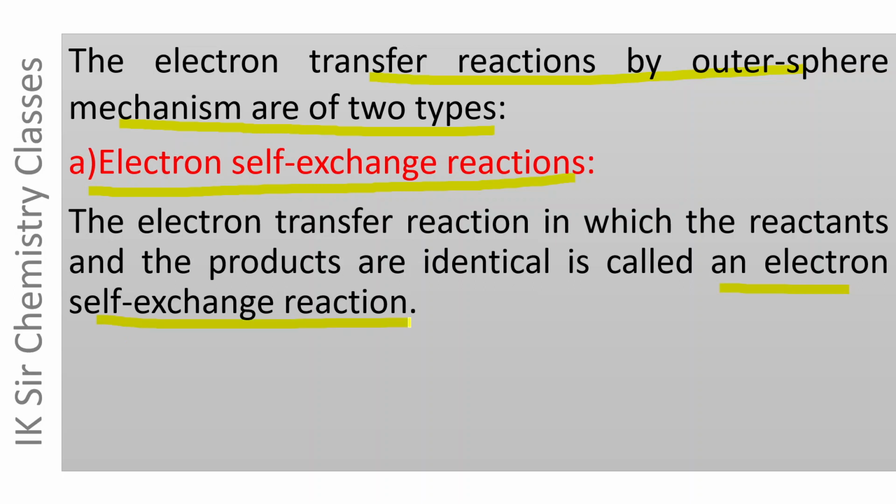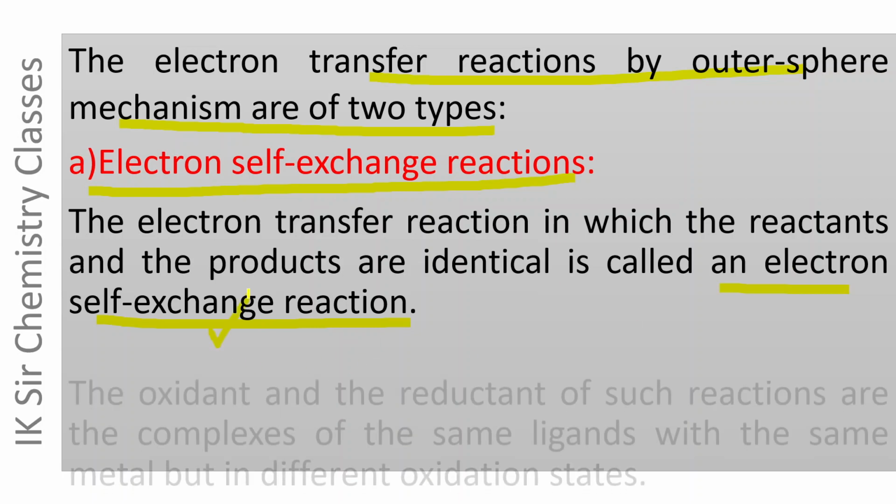Let us see it again. There are some electron transfer reactions in which the reactants and the products are identical, and such electron transfer reactions are called electron self-exchange reaction.